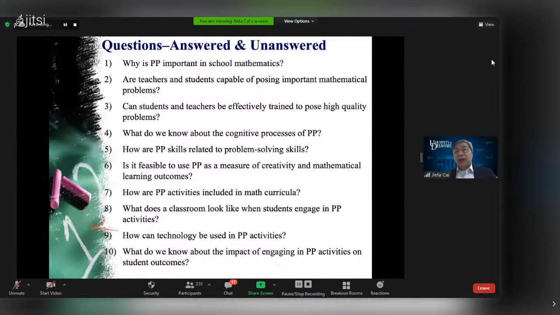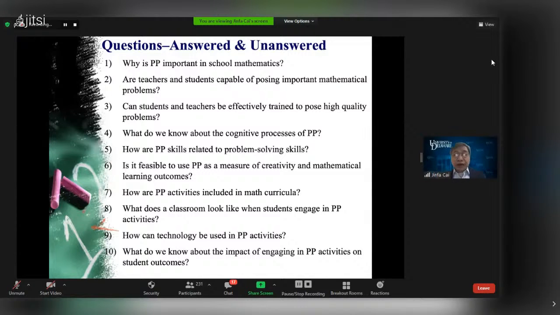Even now in 2021, I would say the problem posing research is still in the very early stage. Still a lot more work needs to be done. And later today, I'm going to share with you some of the findings from the research project I am currently engaged in.